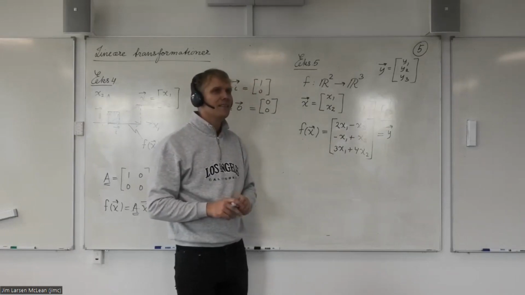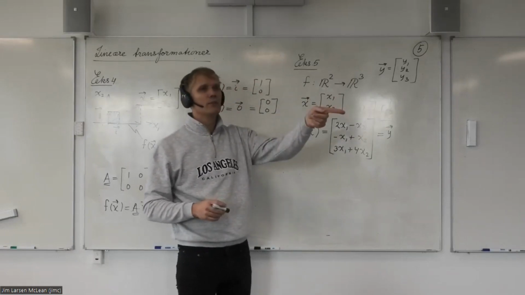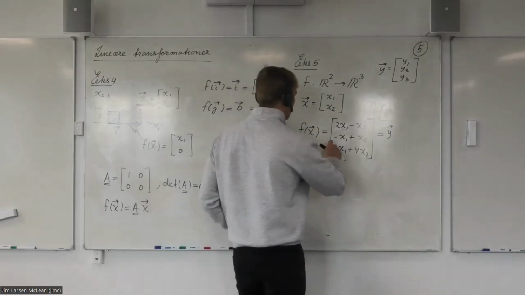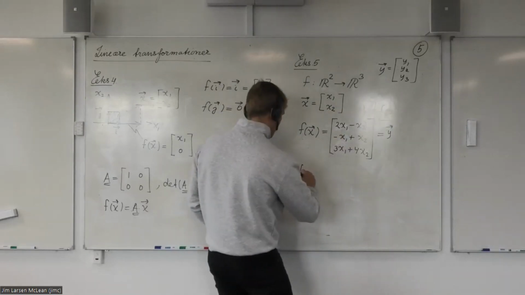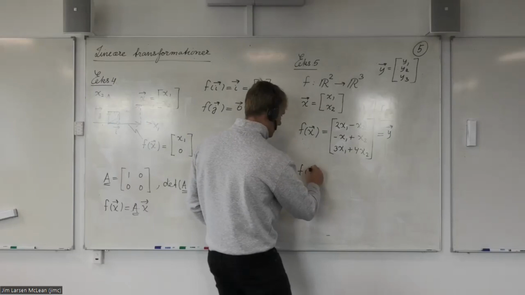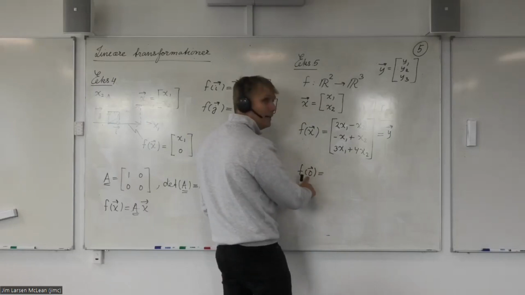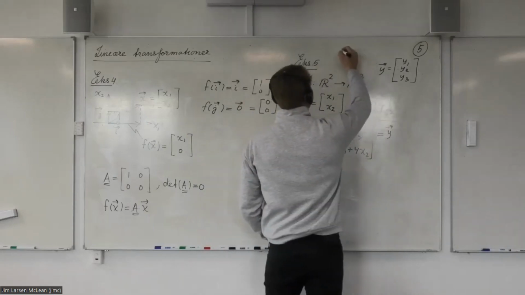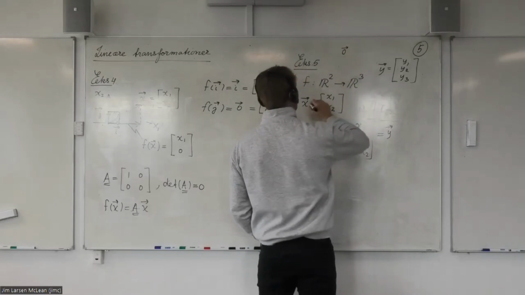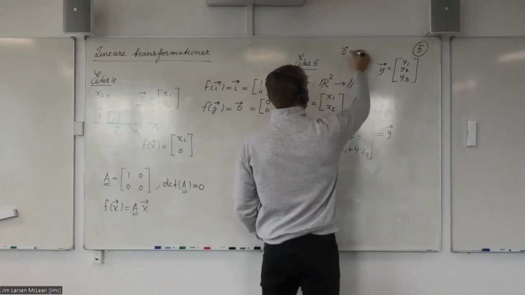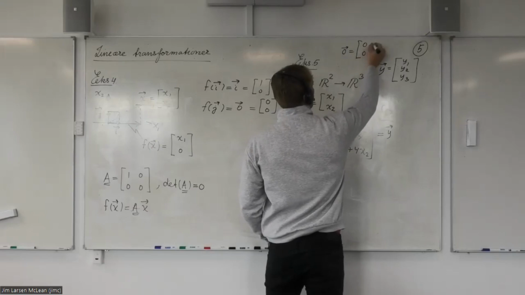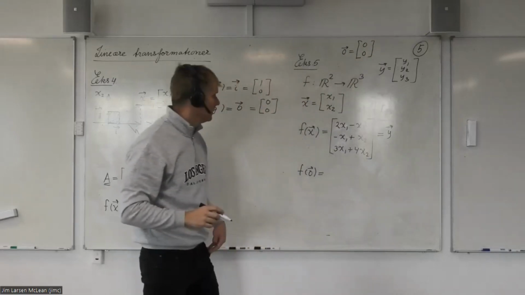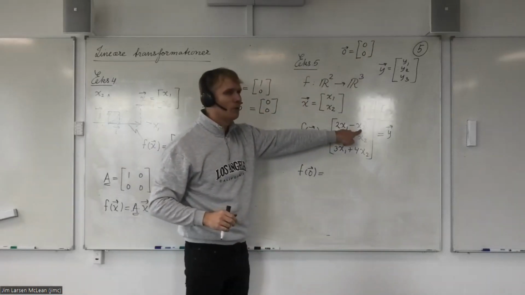So does it hold that if I input a 0 vector, I get a 0 vector out? You can try and see. If now I say, what does f of the 0 vector give? What coordinates does the 0 vector have? Well, the 0 vector is a very special x vector because it must lie over here in the input space. It has 0, 0 because it was 2-dimensional. So x1 is 0, x2 is 0.